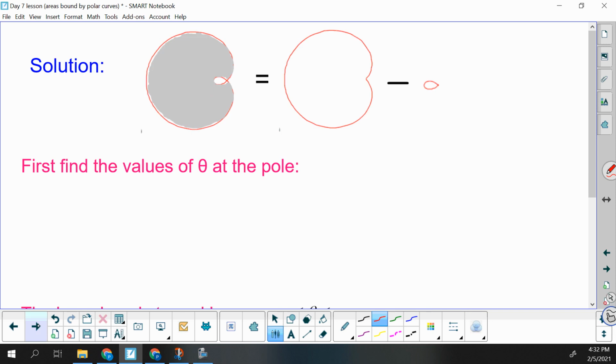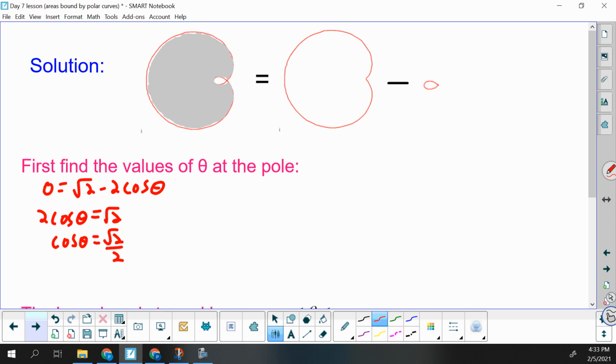Well, to figure that out, we've got to find the values where the radius is 0. That'll tell us where it's passing through. So we're going to have 0 equals radical 2 minus 2 cos theta. Or in other words, that's 2 cos theta equals radical 2. Divide the 2 over, you got cos theta is radical 2 over 2.